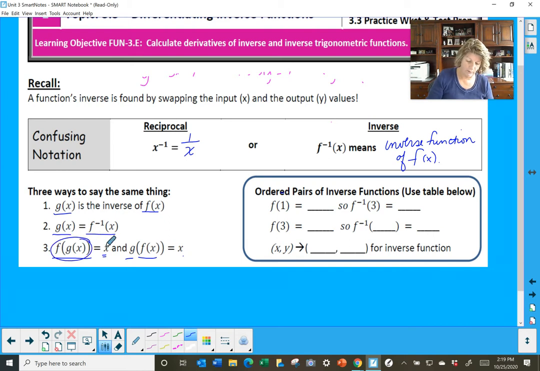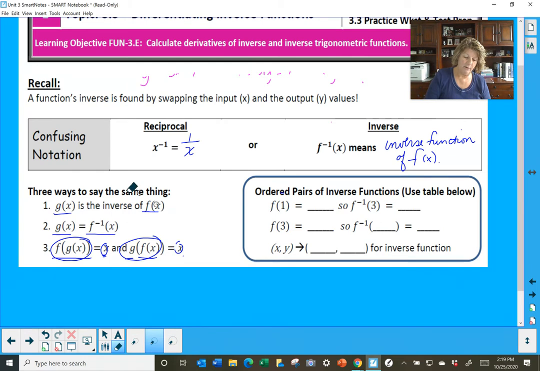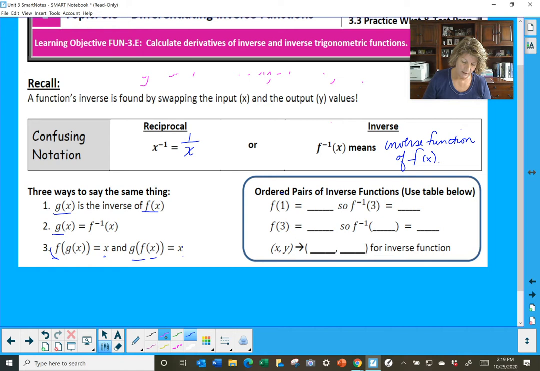When we were in pre-calc, we proved they were inverses by using composite functions and making each the composite of each other, and that should yield us an x in both cases. If that was the situation, then we knew we had inverse functions. So just take a note of inverses, and there's multiple ways to say the same thing, which can make it confusing.